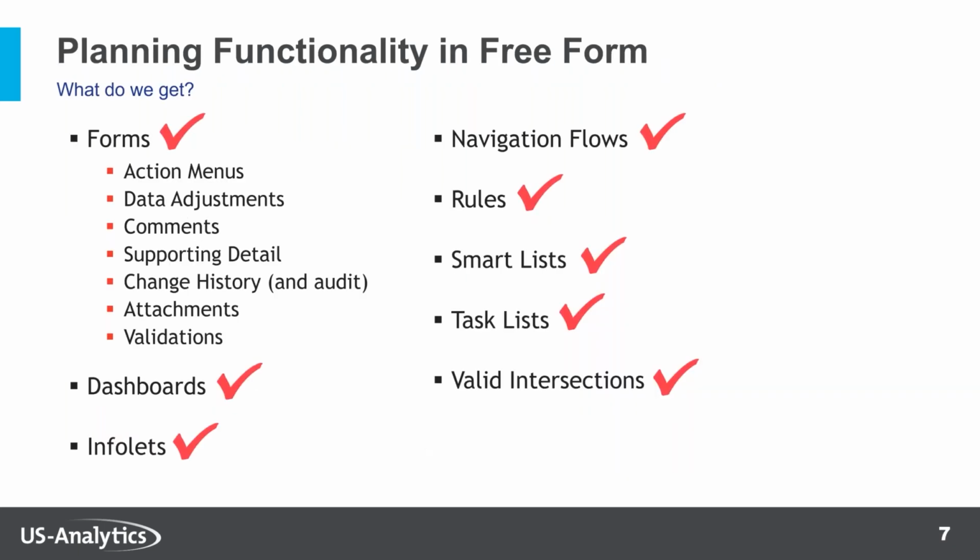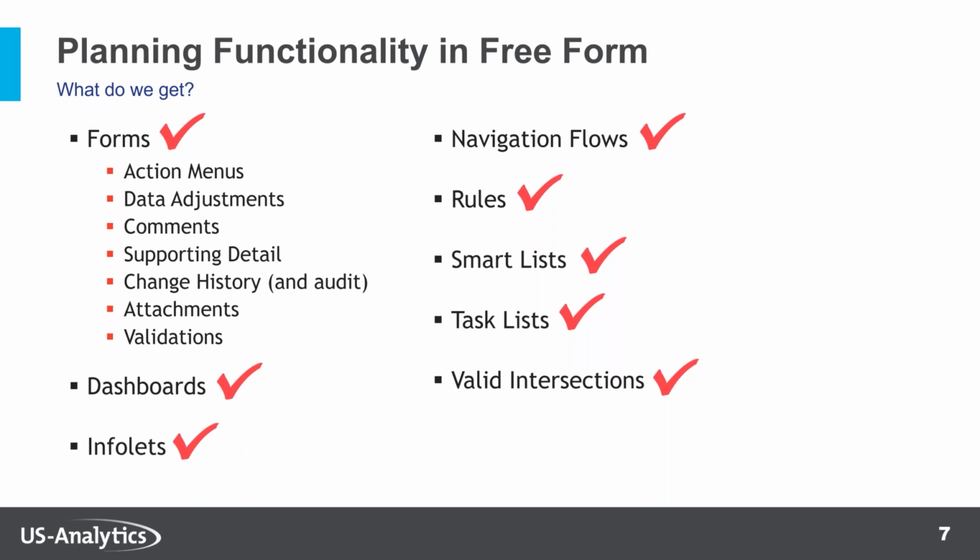So in freeform planning, it is planning, but it's planning without a lot of things, but a lot of stuff is still there. So what do we get? We get forms. So take your Essbase on-prem application and let's go ahead and upgrade it with forms. So that's awesome. Our forms have all the things we would be used to seeing on a form inside of planning.